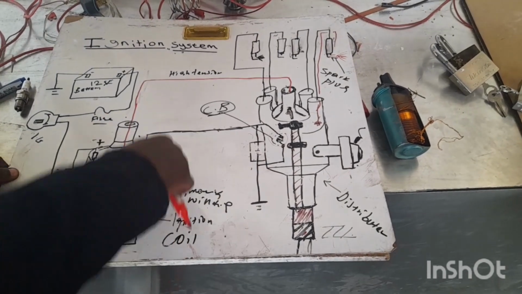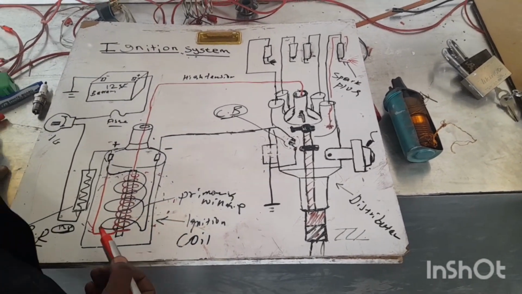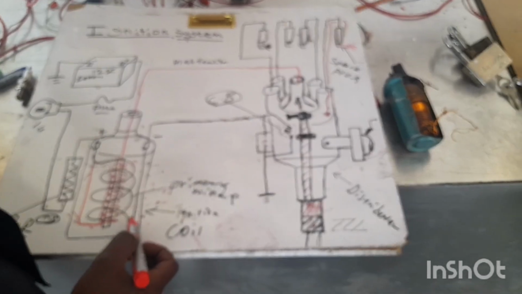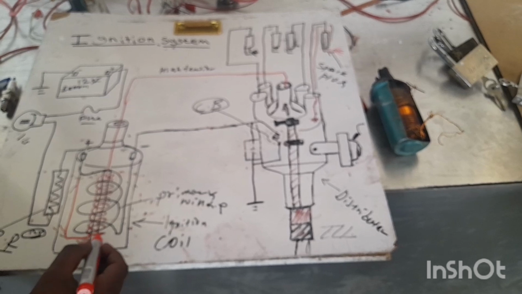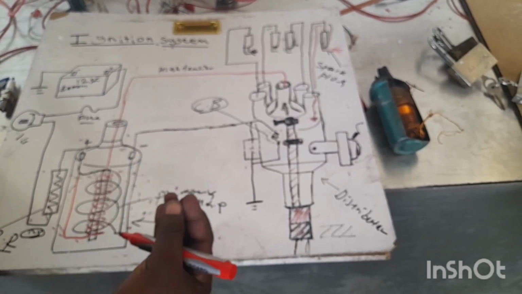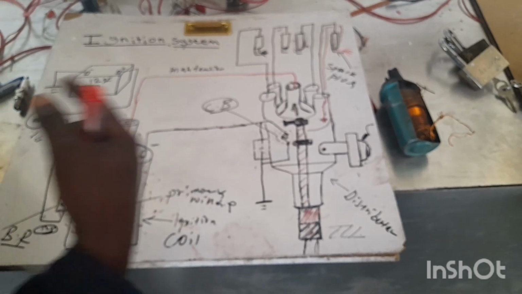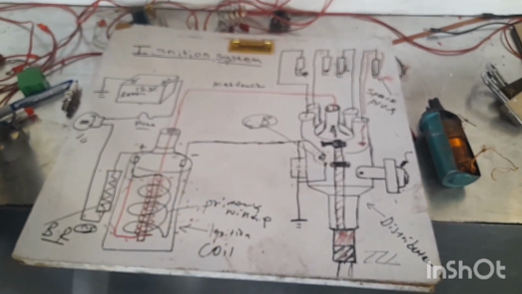This is an ignition coil, and it has two windings. The black one is the primary winding, and the red one is the secondary winding. Both windings are wound around the central part, which is called the core.